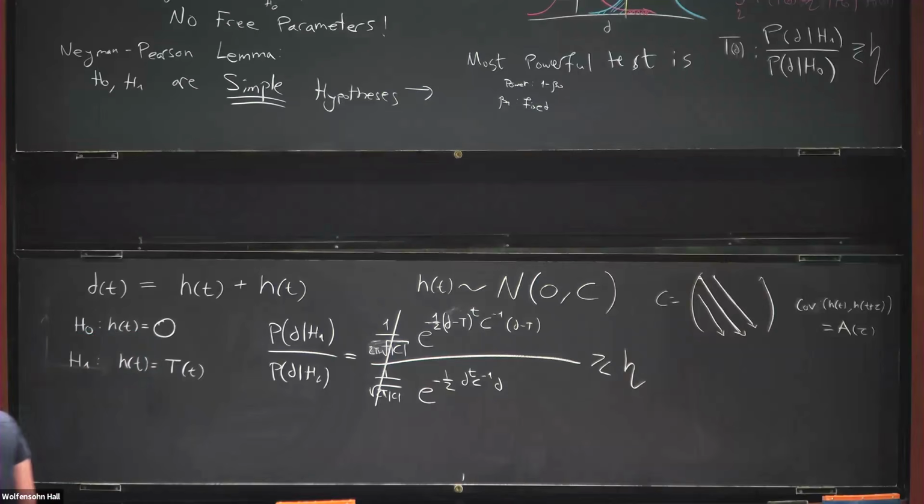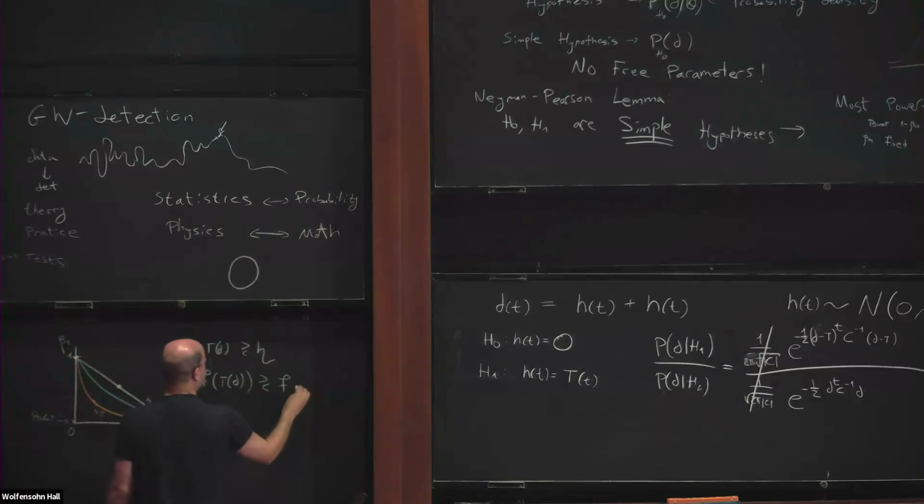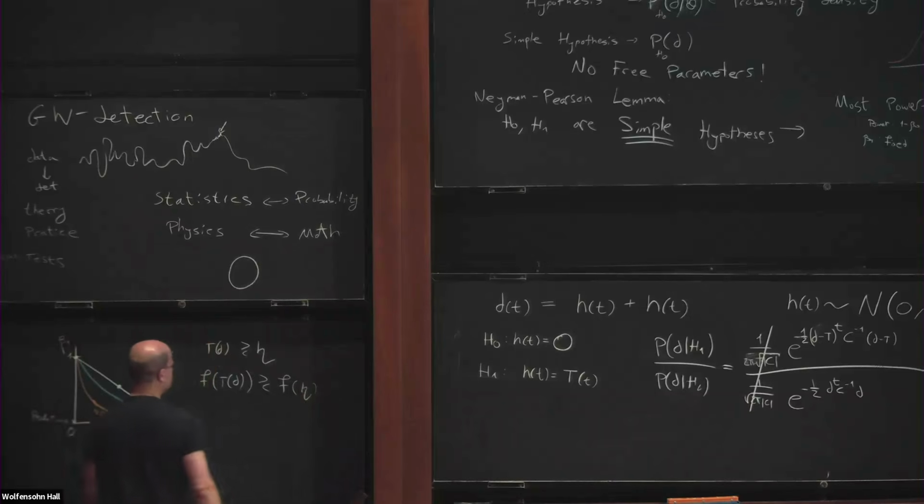I have a test, I have a person, and this person is comparing some function T of d to eta. And there's another person, the lazy person. The lazy person says, I don't know how to evaluate this function, but here is a monotone function, and I'm going to say if it's larger or smaller than f of eta. Wait a minute, it's the same test.